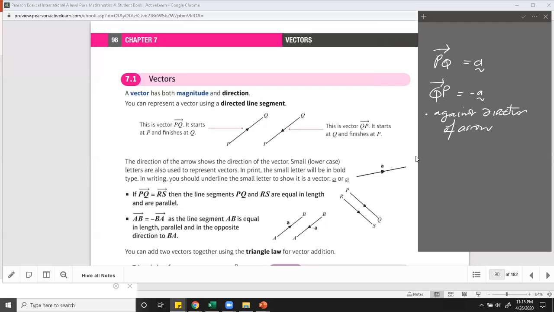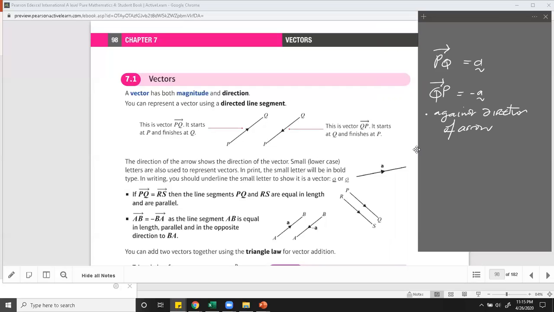So when you've got vector questions and you're doing diagrams, you must always remember to put the direction on the diagram. For example, here you've got A and minus A. AB and BA are the negatives of each other.